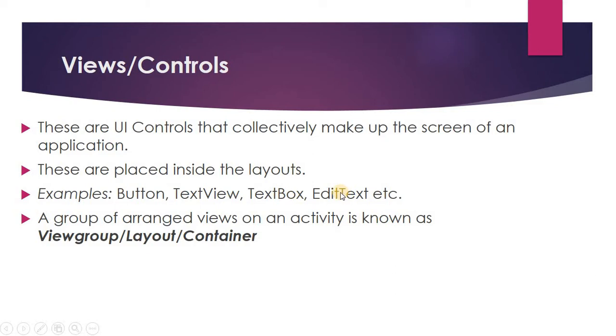Some are required, sometimes others are not required. Whatever it is, we can use a combination of all these views or controls in a layout. Layout is synonymous with view group and container. So what is a layout? It is a group of arranged views on an activity. That's all.